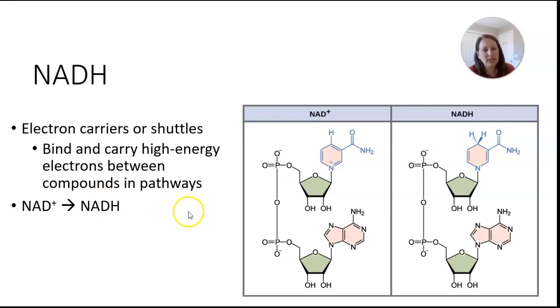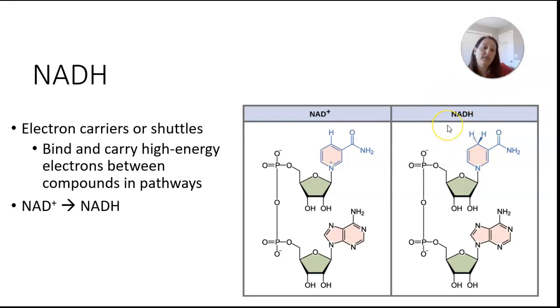And really quickly, I don't need you to really understand the structure. What I do need you to understand is that NAD+ is the oxidized form, and NADH is the reduced form. So NADH will be the form that actually has those electrons that it's carrying.